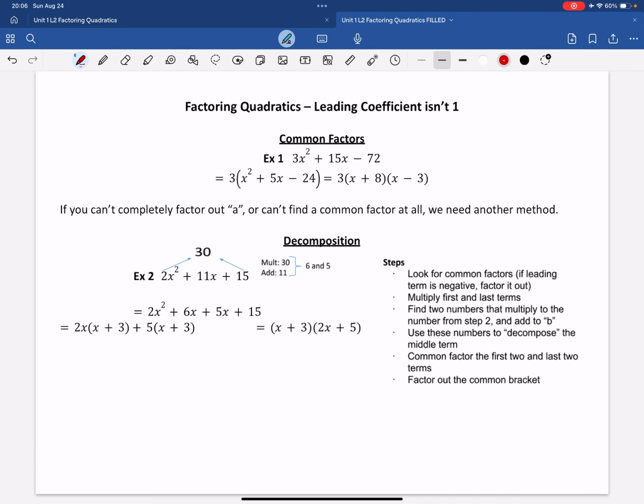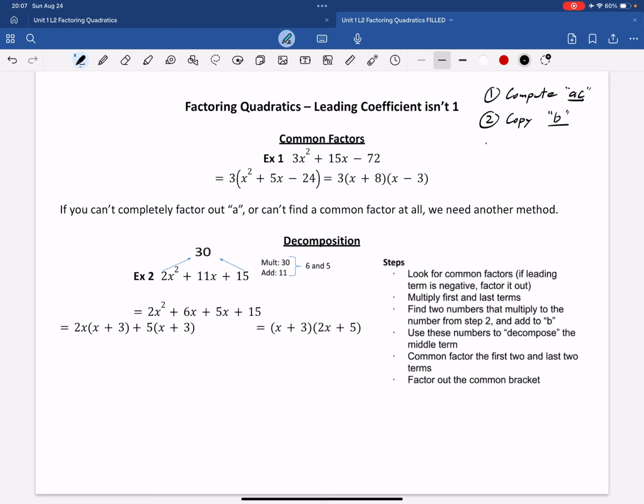Okay, so if the leading coefficient is not 1, we're going to still do the same exact thing. You have these steps here, but I'm going to write out my own. Step 1, we're going to compute AC, whatever A times C is. Step 2, we're going to copy whatever the B term is.